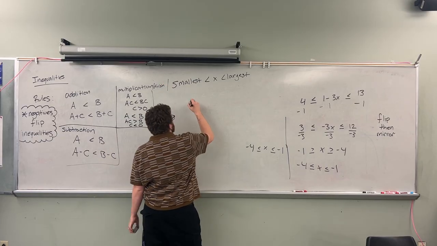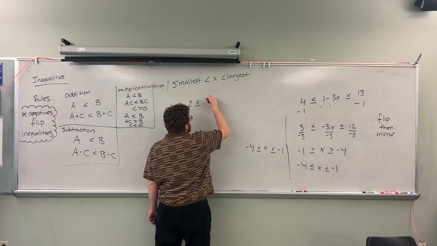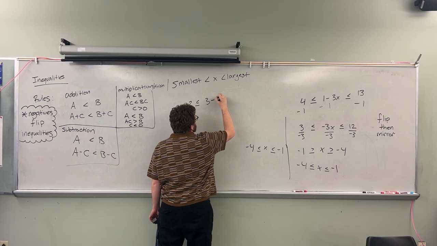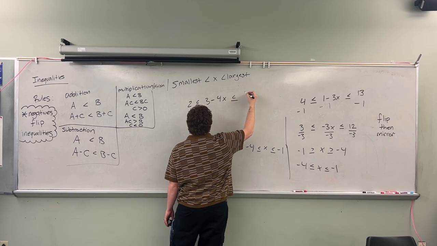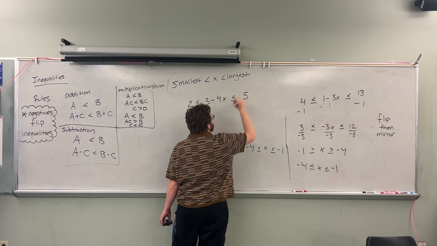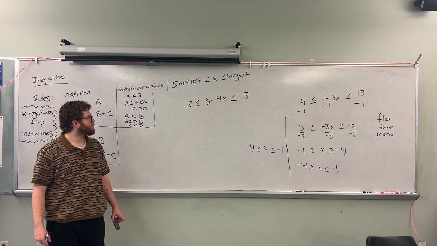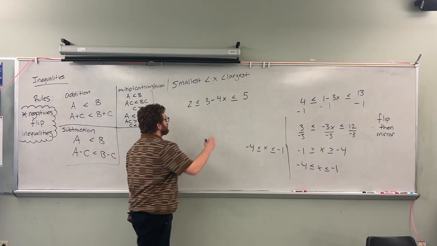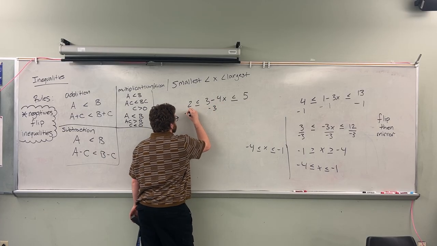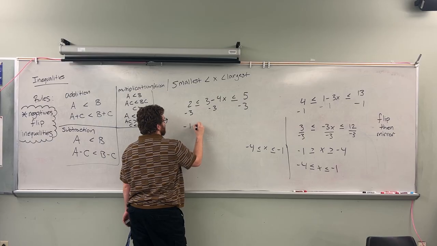So say I had 2 less than or equal to 3 minus 4x less than or equal to 5. How about that? The numbers aren't going to be as clean, but the idea will hold. First thing I want to do, subtract this 3 everywhere, so there's my subtraction. 2 minus 3 is -1.